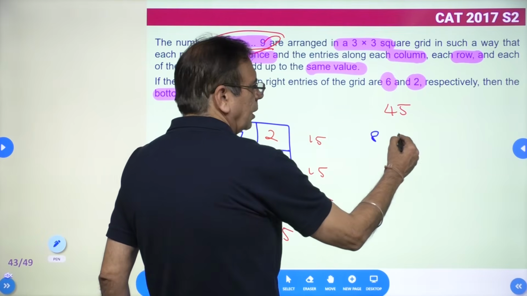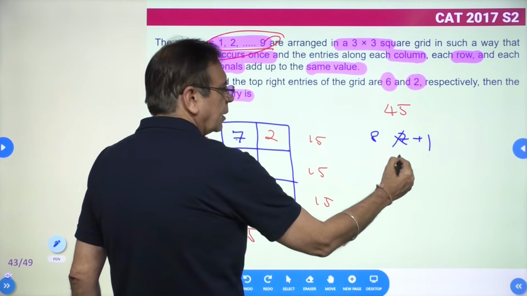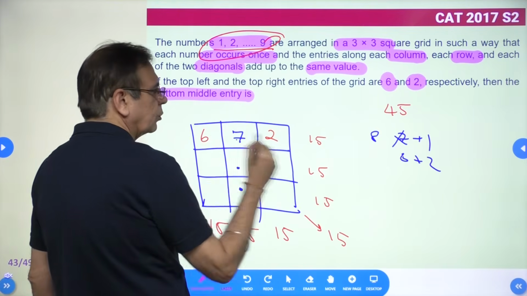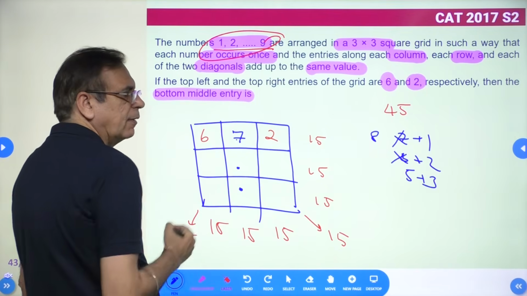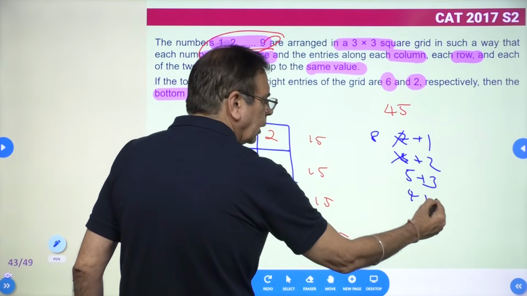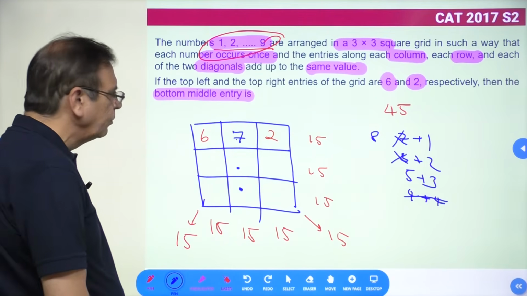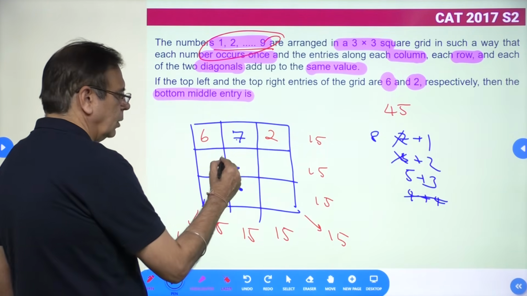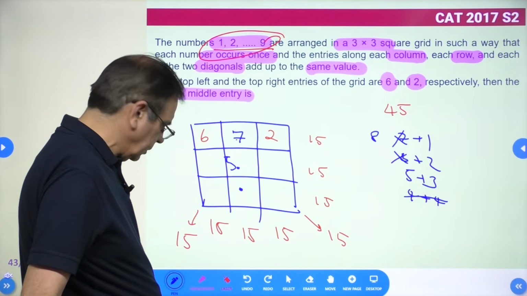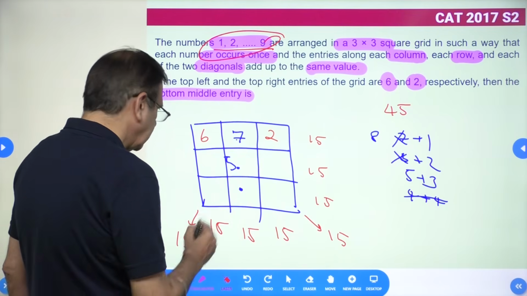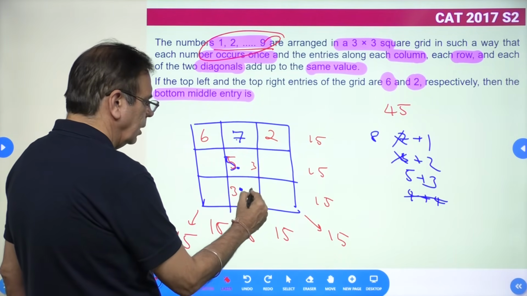What are the possibilities? 8 you can get as 7 plus 1. Cannot be taken because 7 has already come. 6 plus 2, not possible because 6 has also come. 5 plus 3, possible because 5 and 3 have not been used. 4 plus 4, again not possible because each digit can be used only once. So there are two possibilities here, either 5 plus 3 or 3 plus 5. Let me just take 5 and 3 or 3 and 5.